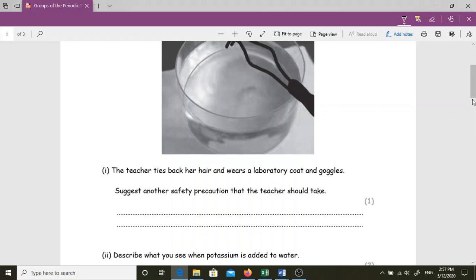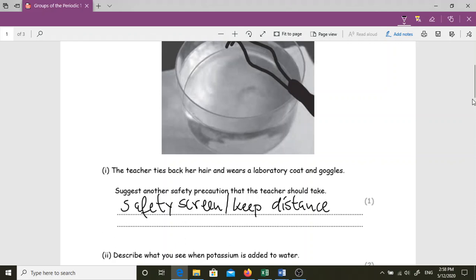I would say definitely here what the teacher needs to do is there needs to be a safety screen between the students and the demonstration. Also, the teacher needs to make sure that the students keep their distance to this experiment. So these would be two possible answers for this question.